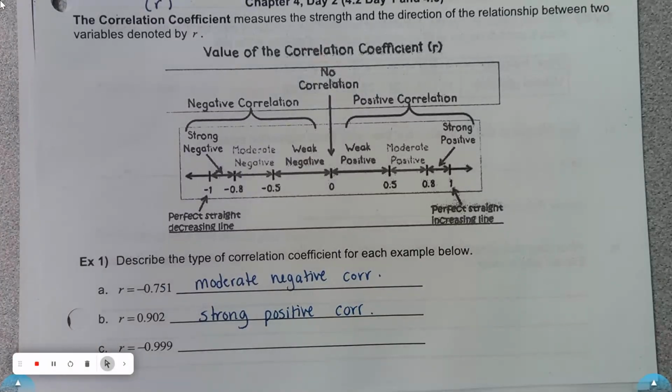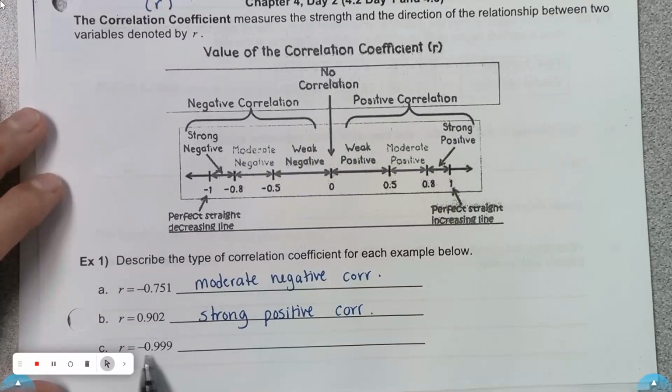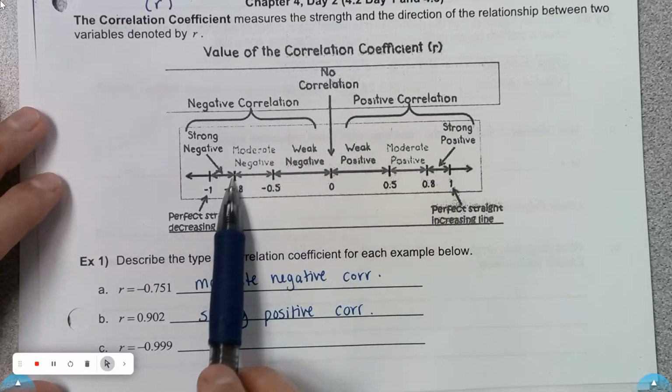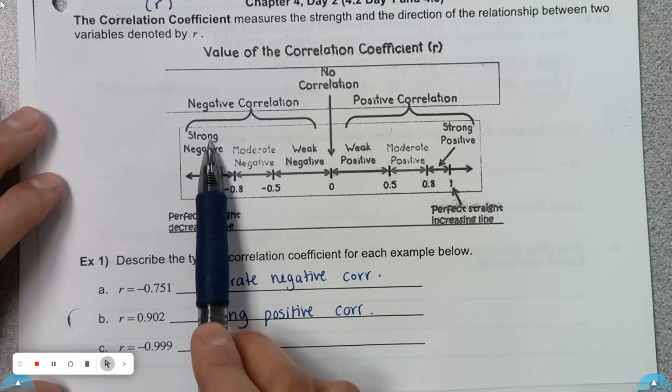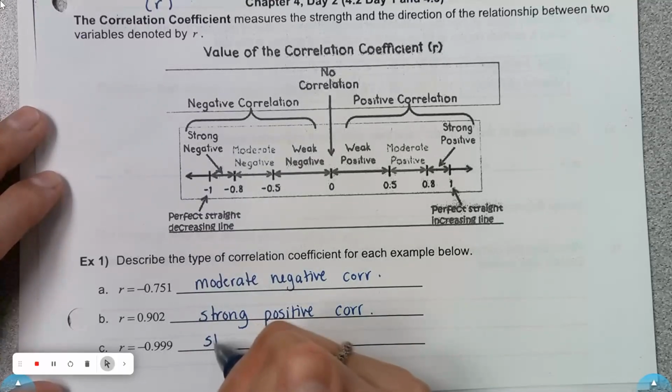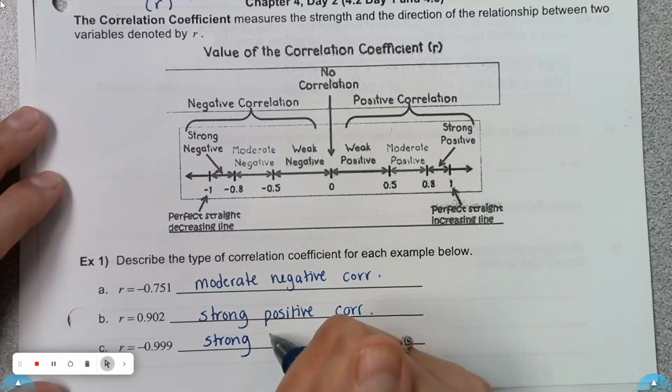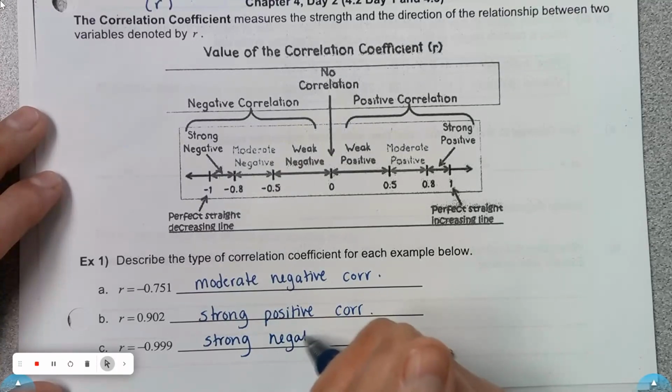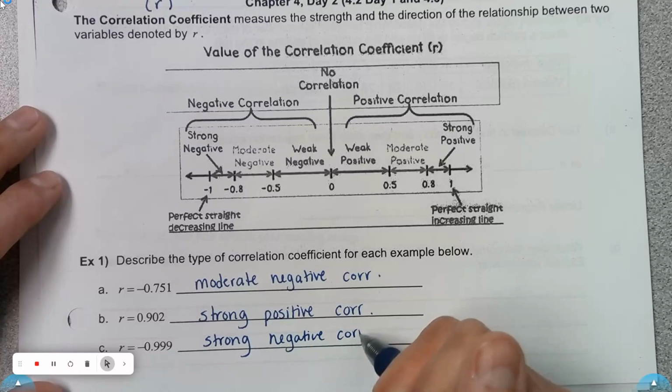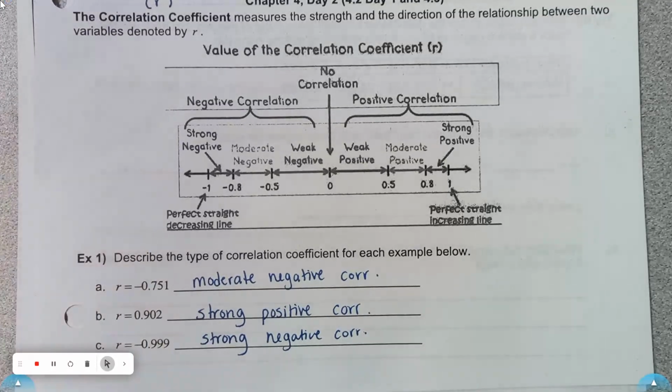And then for letter C, I can see that it's negative, and then I want to see where it falls within the negative side. So this negative 0.999 falls in here. So it's a strong negative correlation. Okay, perfect. So now I'm going to move on to the next page.